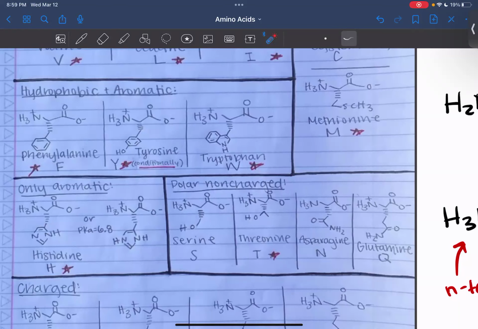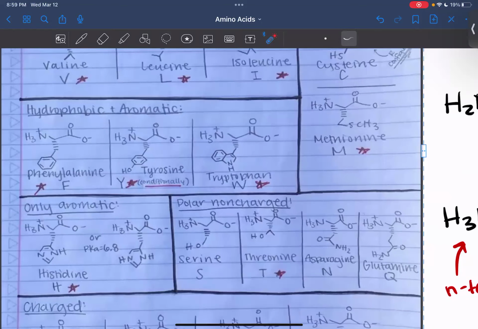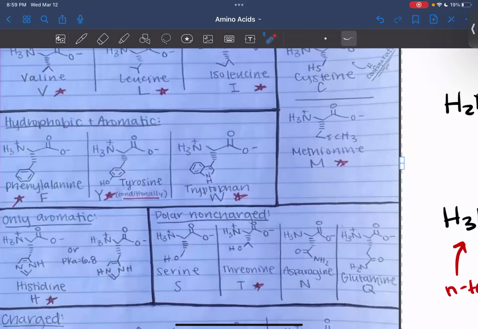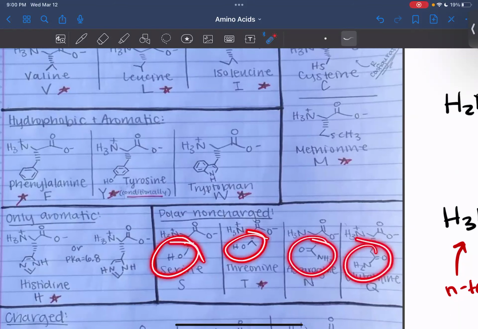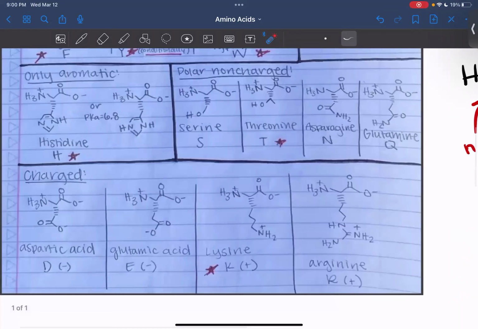Polar just means hydrophilic. So there's a hydrogen bonding region, hydrogen bonding region, hydrogen bonding, hydrogen bonding. Charged are all those that have a side chain with a positive or negative charge on it.